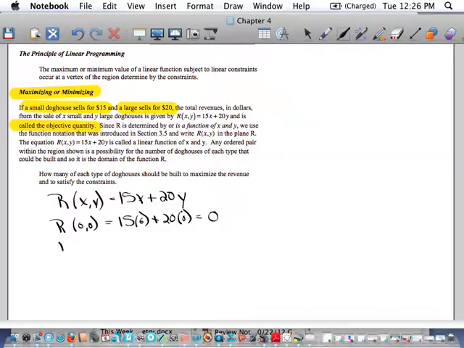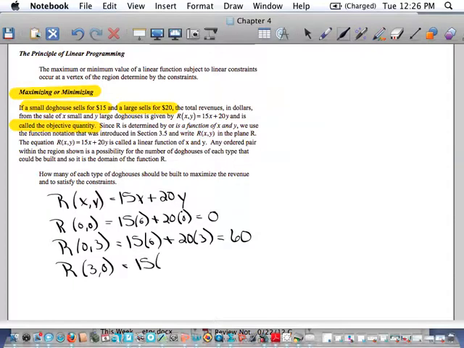Another vertex was at (0, 3), meaning he produces 0 small doghouses, but 3 large doghouses. So 15 times 0 plus 20 times 3, his revenue would be $60. Another vertex was at (3, 0), meaning he's going to produce 3 small doghouses, but no large doghouses. His revenue would be $45.